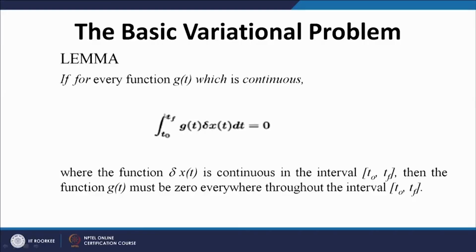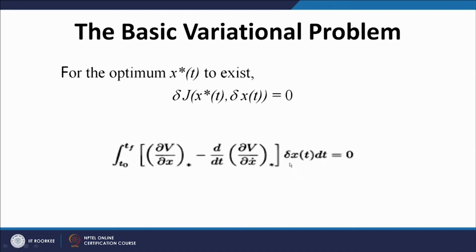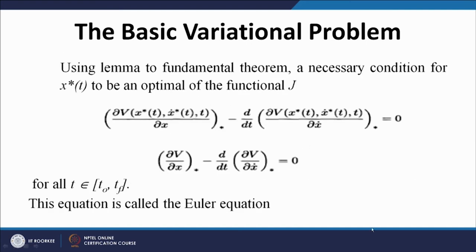So, this means if delta x t is arbitrary and continuous, for this integral to be 0 my g t will be 0. This means del V by del x minus d by dt del V by del x dot will be equal to 0.